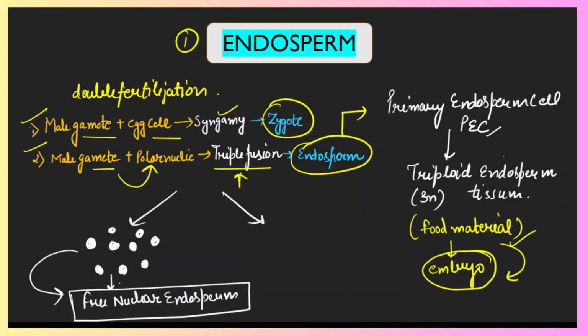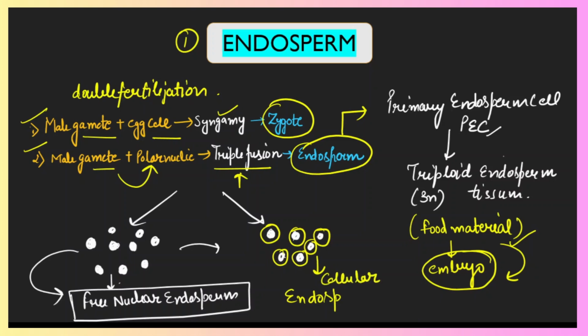But when these nuclei individually form a cell wall around them, they are called the cellular endosperm. I hope these two points are clear to you all.